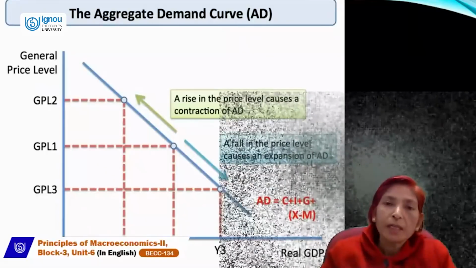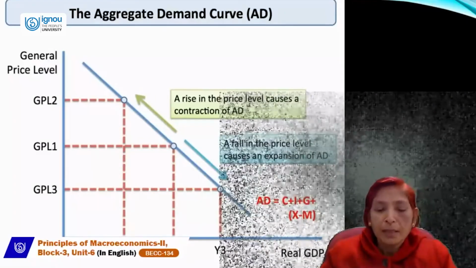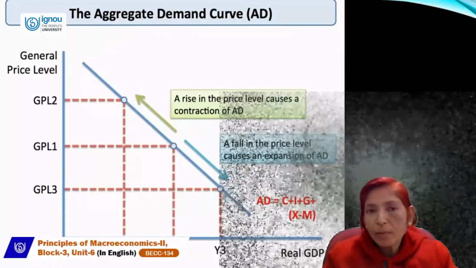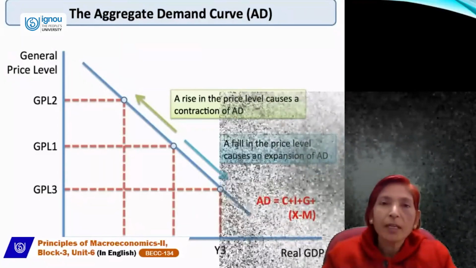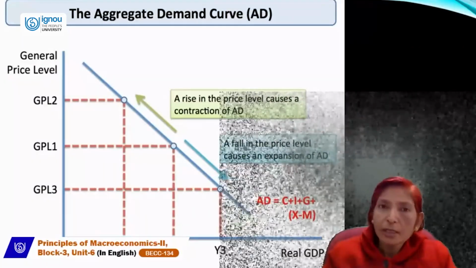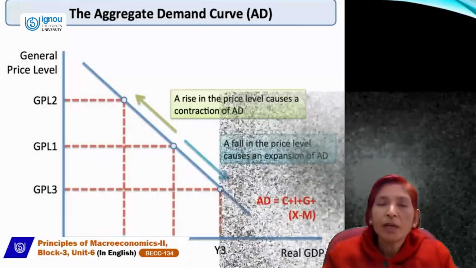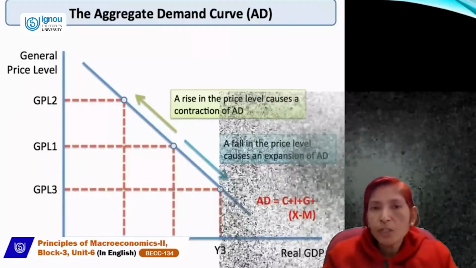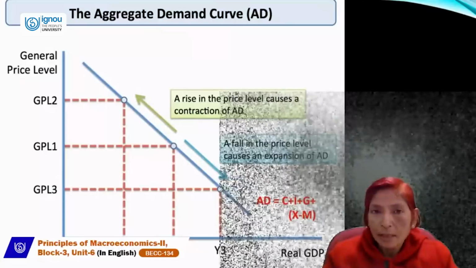If aggregate demand is expansionary, then movement will be downward. And if aggregate demand is contractionary, then movement will be upward, because upward movement shows that price is rising.